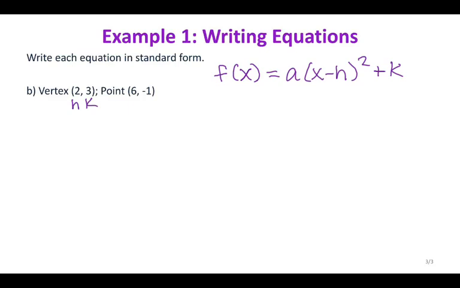So I can go ahead and make that substitution right here for h and for k. So I'm going to write this as f of x equals a times x minus 2 quantity squared plus 3. And now that I've done that, I can use my point, which is going to be x and y, and I can make those substitutions as well.